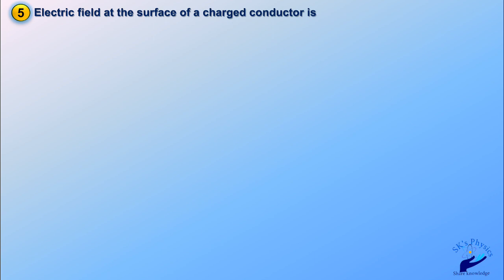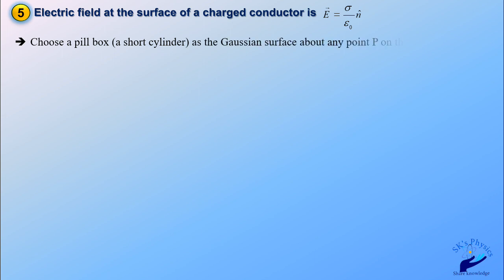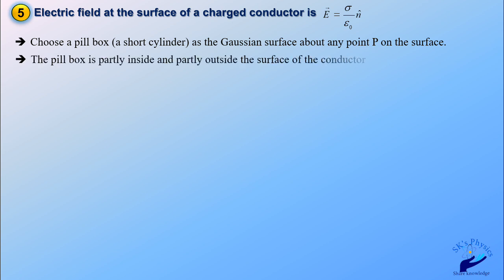Fifth result: the electric field at the surface of a charged conductor is E is equal to sigma upon epsilon 0 into n cap. Choose a pillbox, a short cylinder, as the Gaussian surface about any point P on the surface. The pillbox is partially inside and partly outside the surface of the conductor.